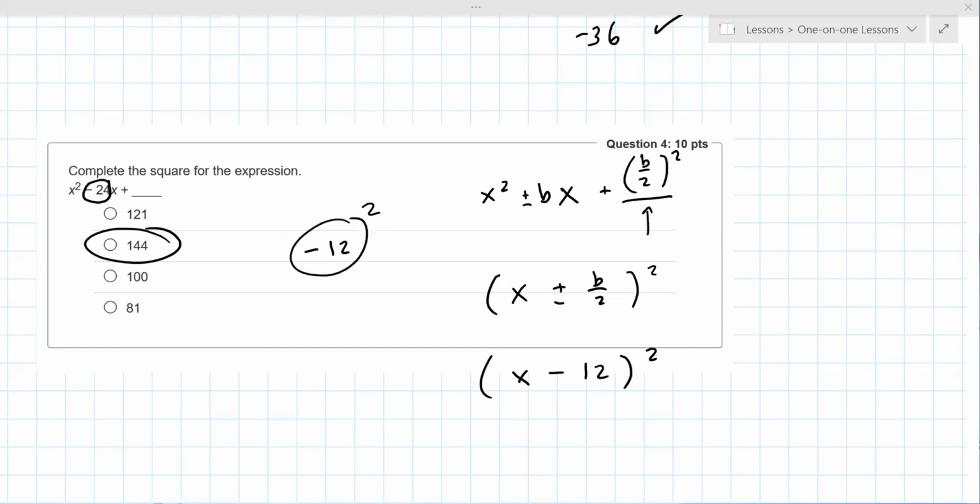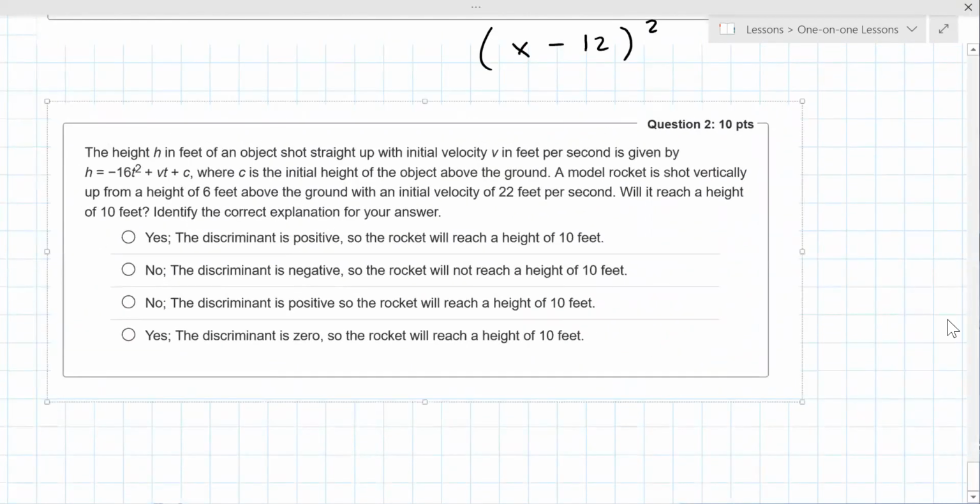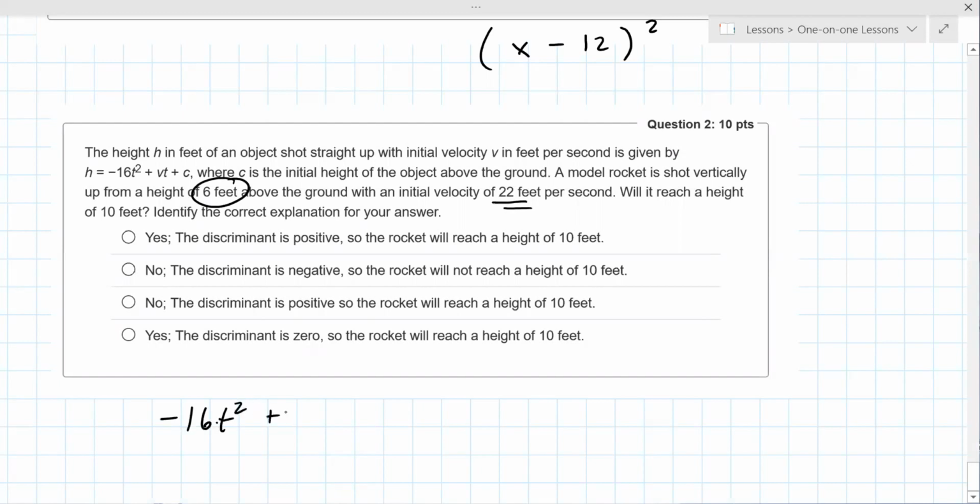All right, so we got one more here. I see that they give me an equation. They do. Now they tell you the velocity. The velocity is actually 22, and they tell you that it starts 6 feet above the ground, minus 6t squared, plus 22t plus 6. That's your equation. All you have to do is figure out the discriminant here. Okay.